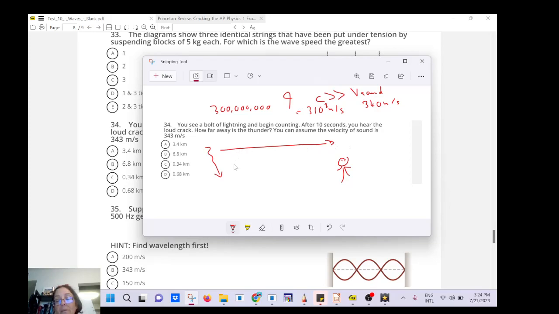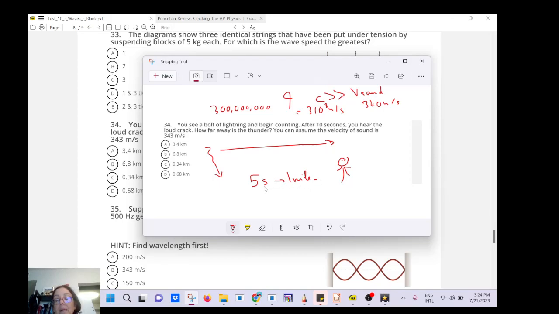Now the sound will lag behind. Okay, so the rule is when you count 5 seconds, so the thunder happened and it takes 5 seconds for the sound to reach you. So 5 seconds between the lightning and the sound is about 1 mile.